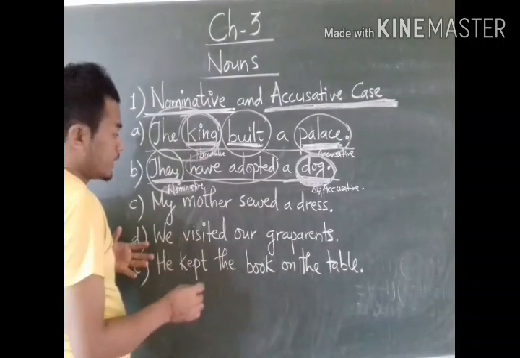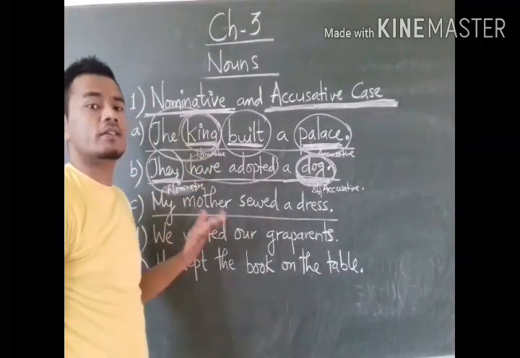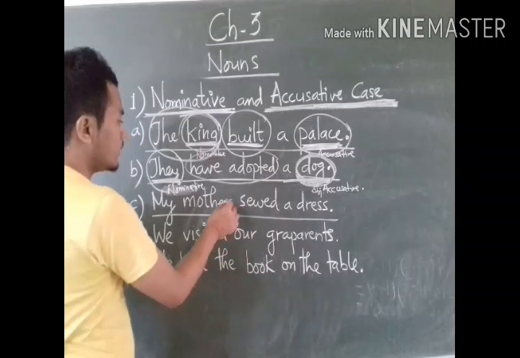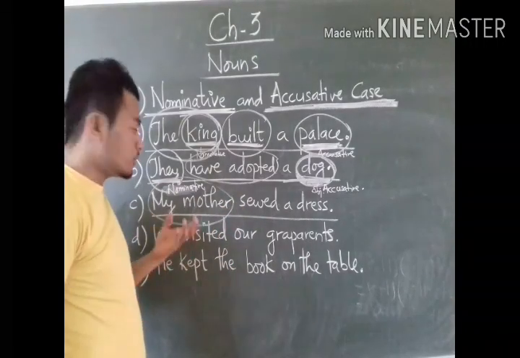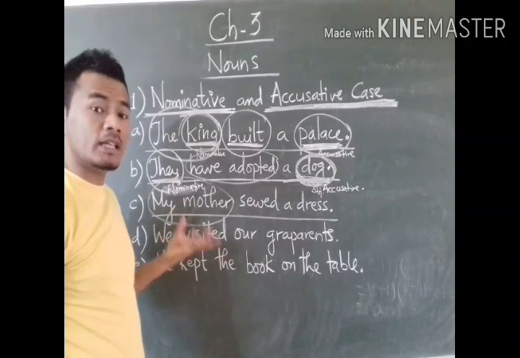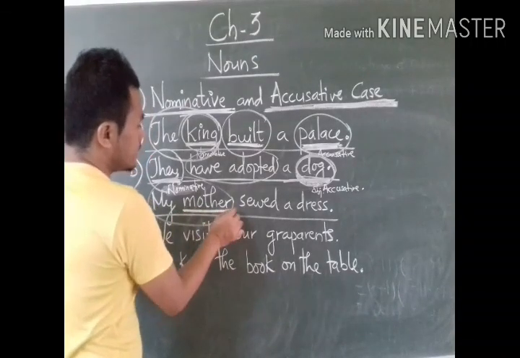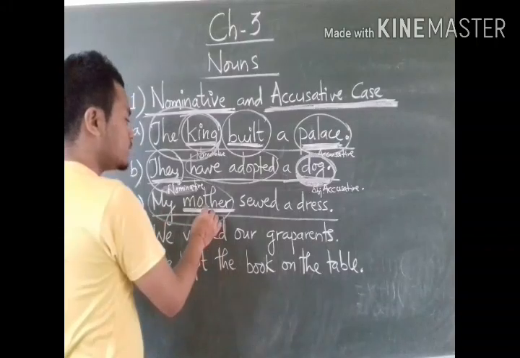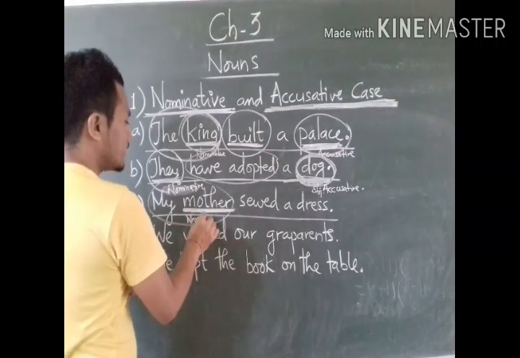See, next sentence. My mother sewed a dress. The sentence is about my mother. So this can be treated as the subject. But the main subject here is mother, because it is the main noun. So mother is used as the subject, so it is nominative case.